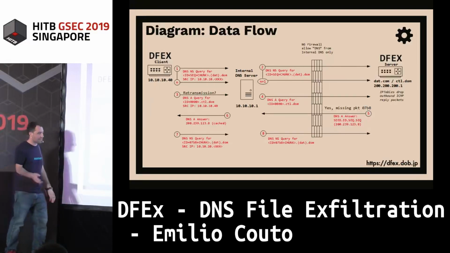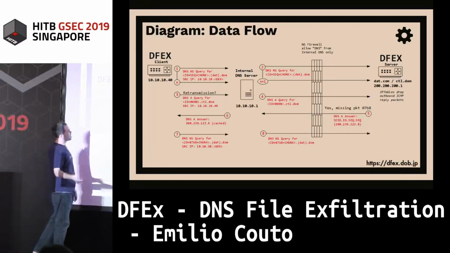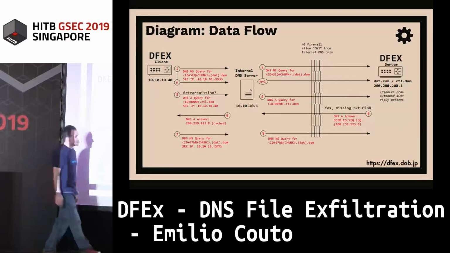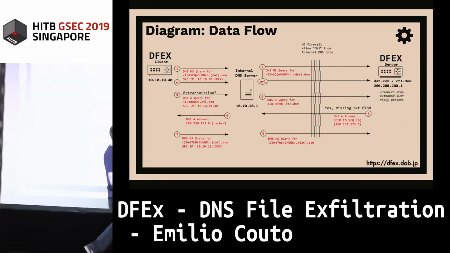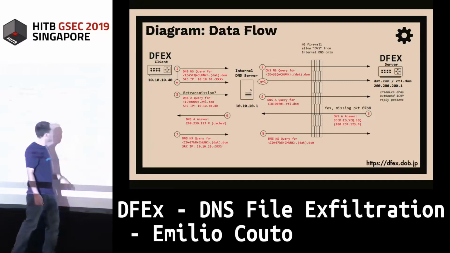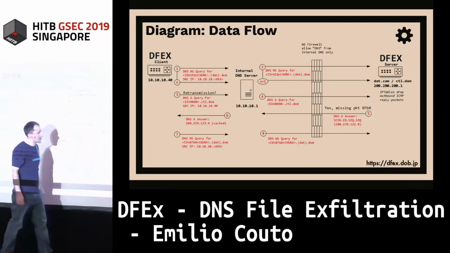The packet has a limitation. I will go into that in later detail. But I'm missing a packet. So what I do is I do my seed. I reply back with 200.239.123.8 to this query. How do I do that?